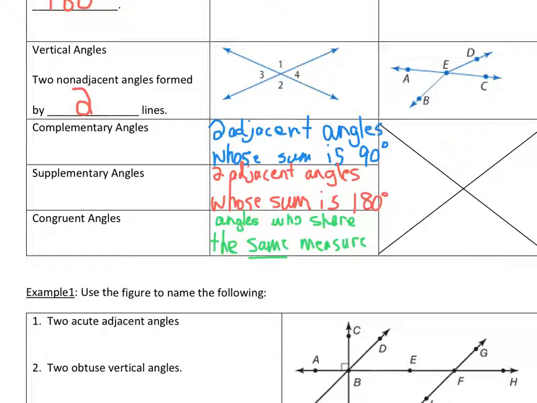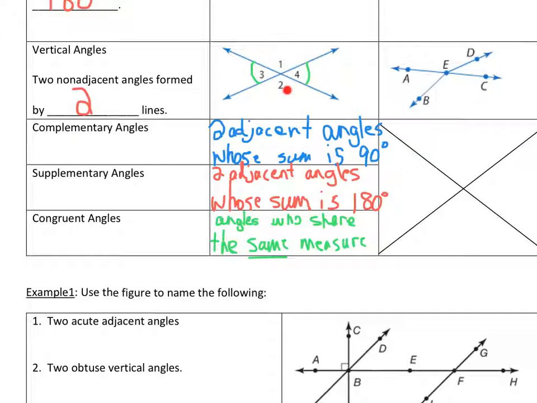Hopefully you remember from our constructions that congruency means I've got something that's the exact same.